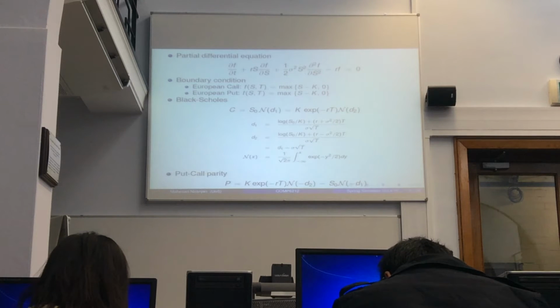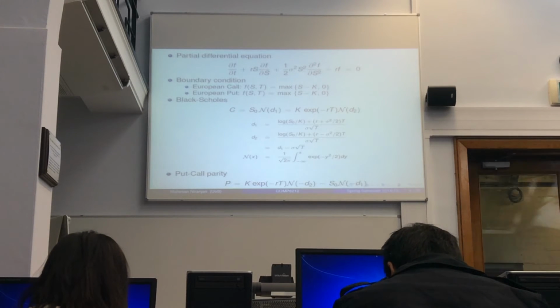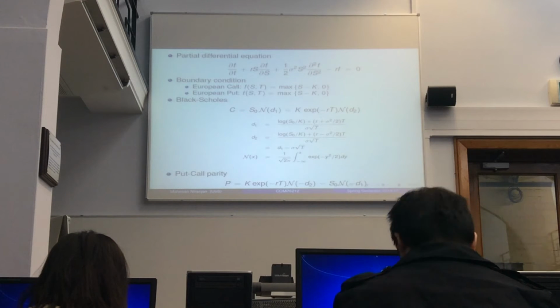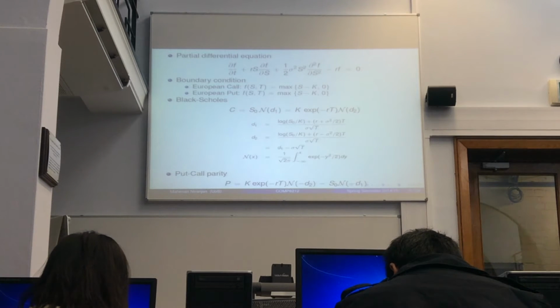The other task is given a solution like this, where the call option price has a formula, what are the things that are needed to calculate the call option price? The things that are needed would be the strike price of the option, its time to maturity, the risk-free interest rate you look up from the bank, and this term volatility sigma.